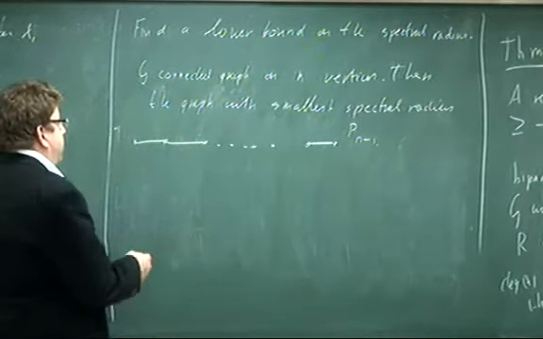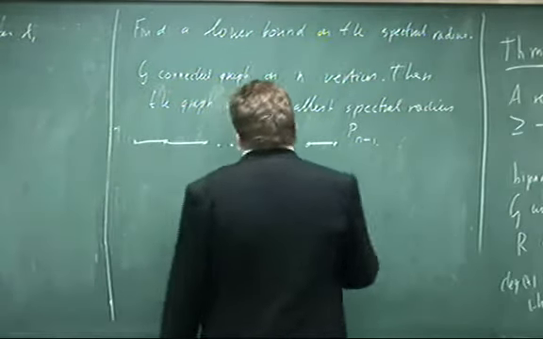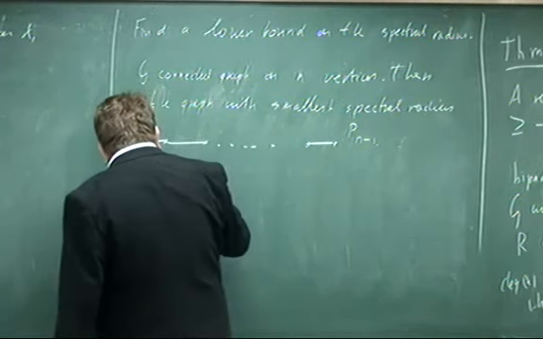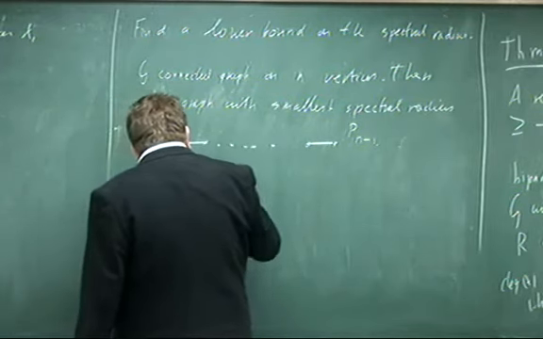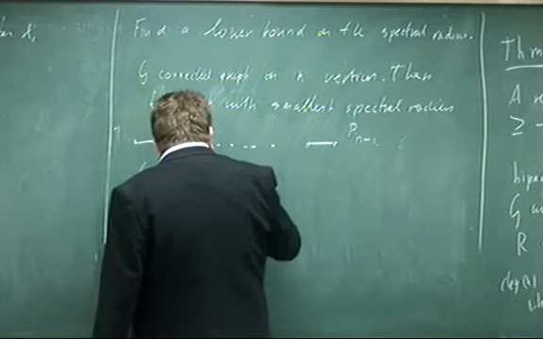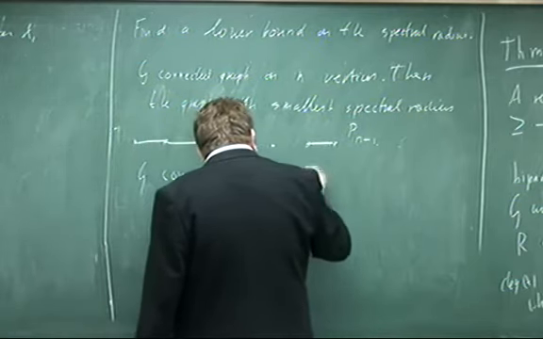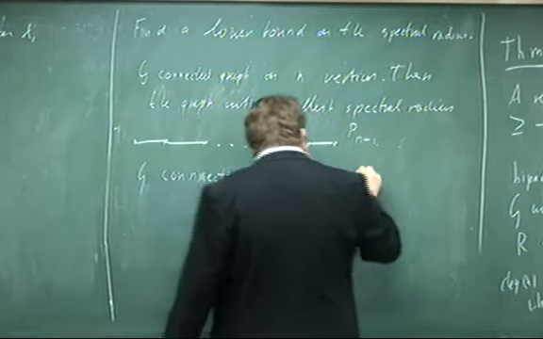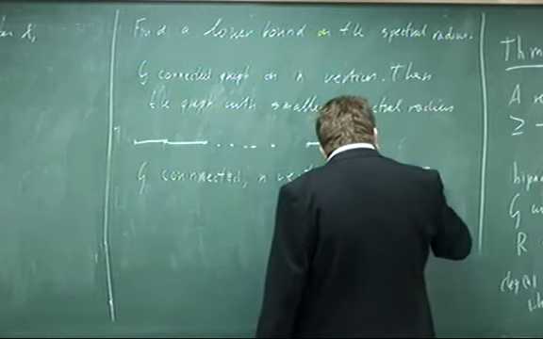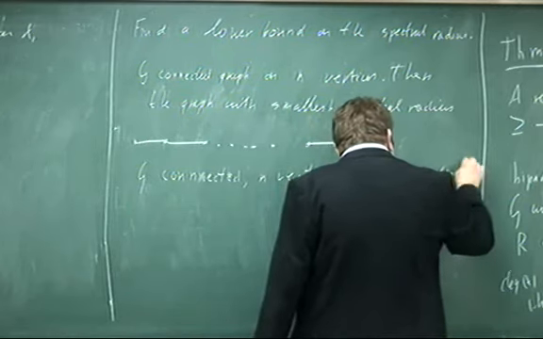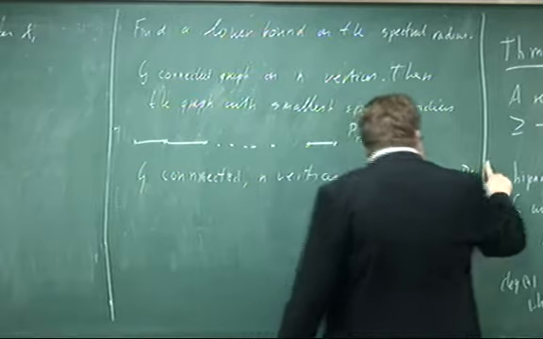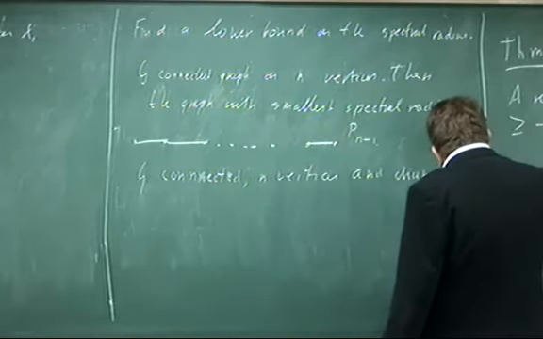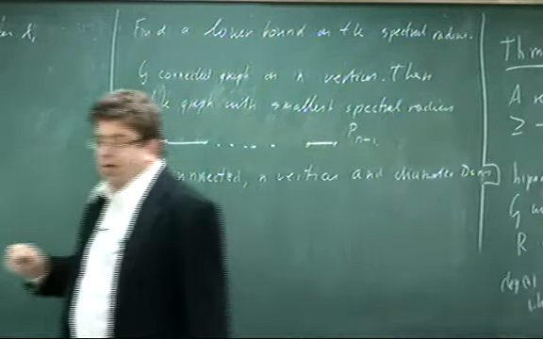But what about if you assume that G is connected on n vertices and diameter d? Of course, this must be smaller than or equal to n minus 1. What can you do then?